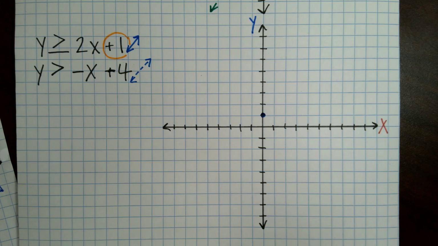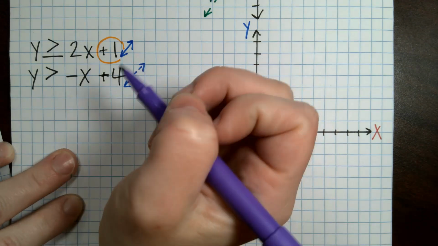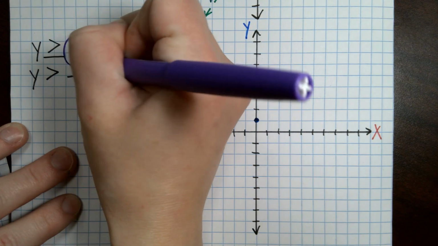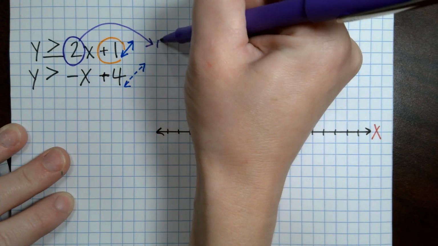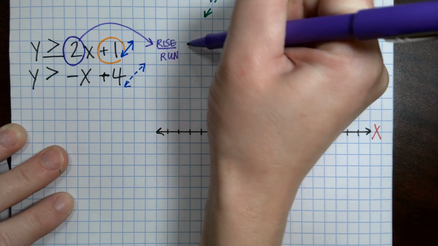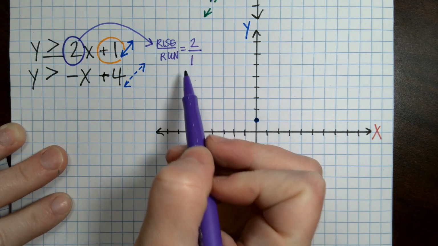What's our next step? Slope. Yeah, we want to use our slope to find another point. What is our slope here? 2 over 1. Yeah, we've got 2x. Any whole number as a fraction is that number over 1.